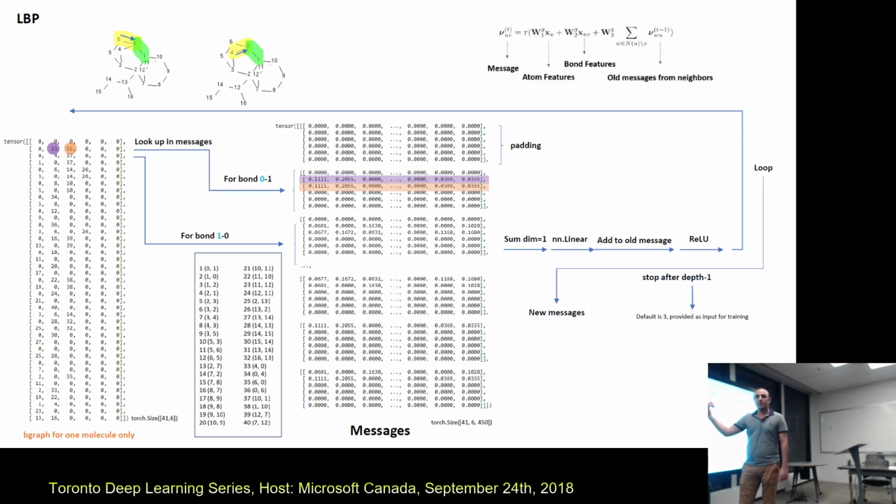The previous message that was created, I can look it up and transfer that information. And we can continue doing this for all the bonds. After that, you sum them up on dimension 1. So you're basically saying all the neighboring edges, I'm going to sum them up, put them together, and feed them to a linear transform, and add them to old messages.